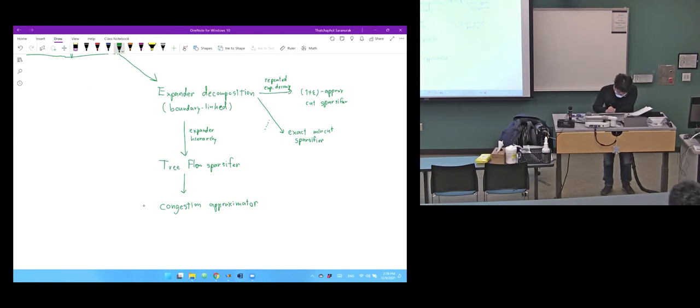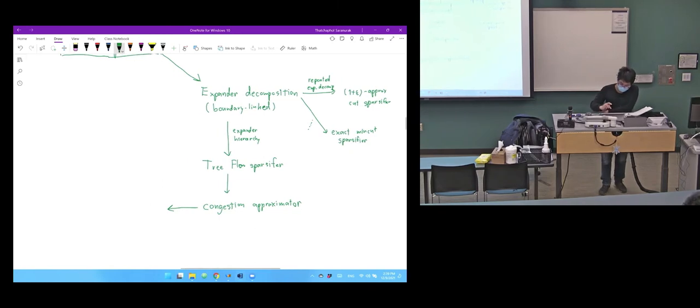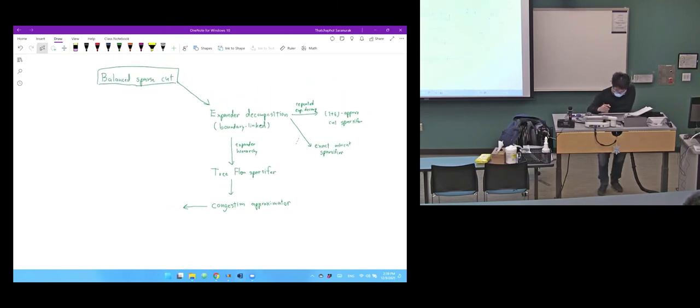And from here, we just saw today that we get approximate max flow. To do that is multiplicative weight update.